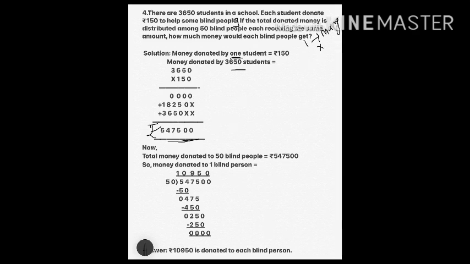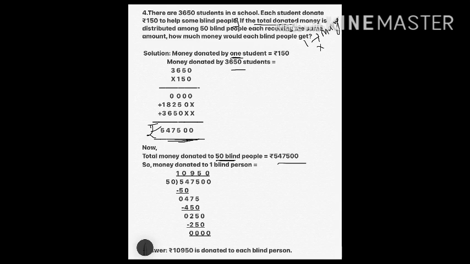Now read the remaining part. If the total donated money is distributed among 50 blind people, each receiving the same amount, how much money would each blind person get? Division is dividing and distributing. The amount collected is for 50 blind people, not for one.